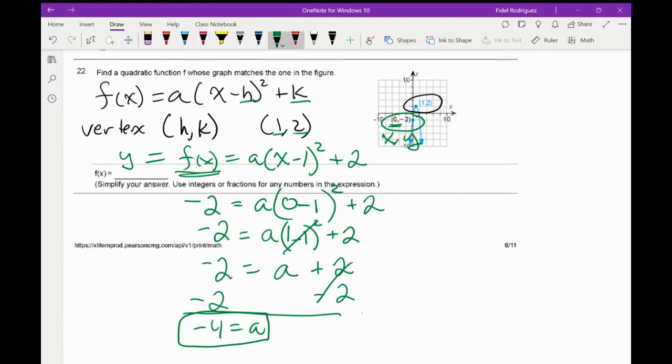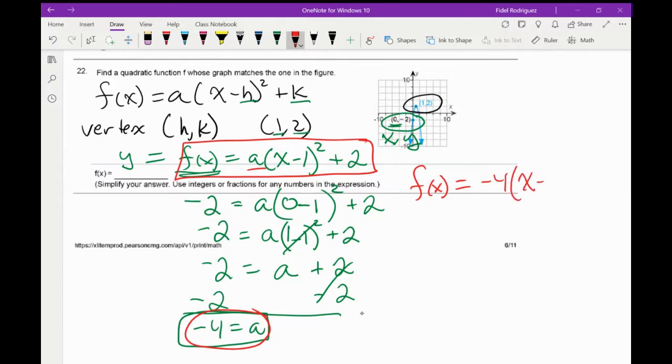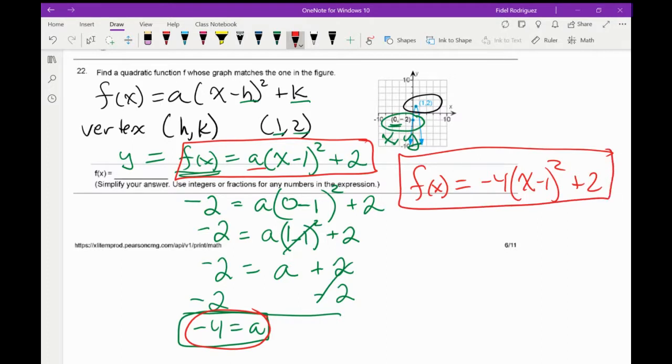Now that we have that part, we're going to come back to this right here, and everywhere I have the letter a, I'm now going to plug in the number -4.